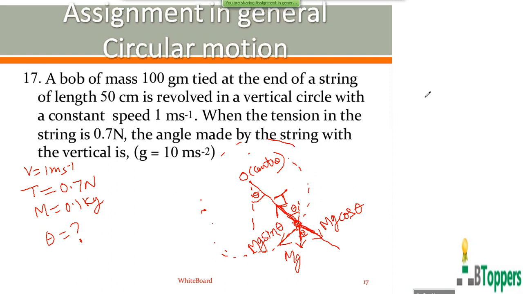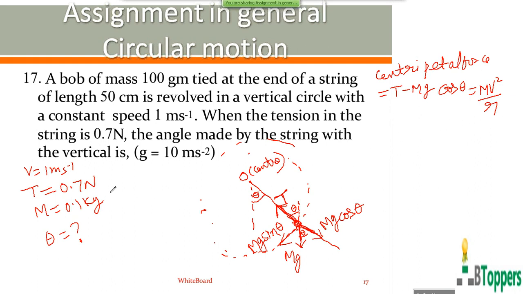So magnitude of the centripetal force on the bob, means magnitude of the resultant force towards the center of the circular path, is equal to T minus mg cos theta. That you can write as magnitude of mass into magnitude of acceleration towards center. Magnitude of acceleration towards center is v square by r.